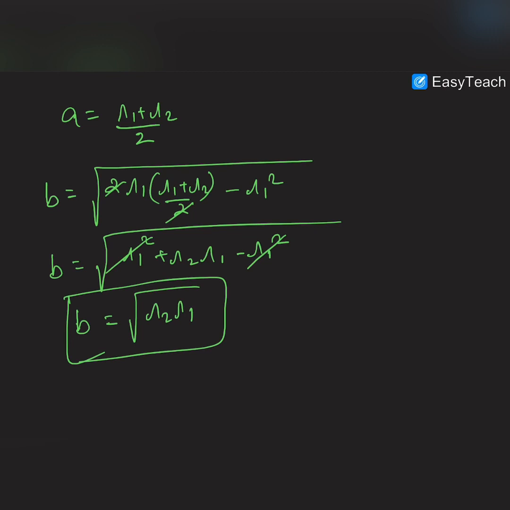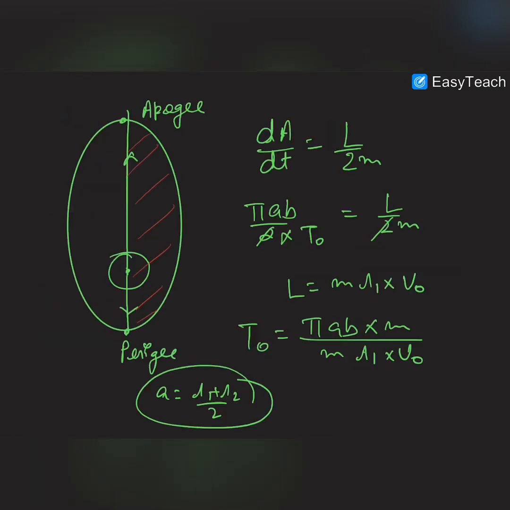So this is the value of semi-minor axis, and therefore the time period T naught, which is pi AB upon r1 v naught. In fact, there would be a 2 also, because we are finding out the half area of this ellipse, and this half area is A1.